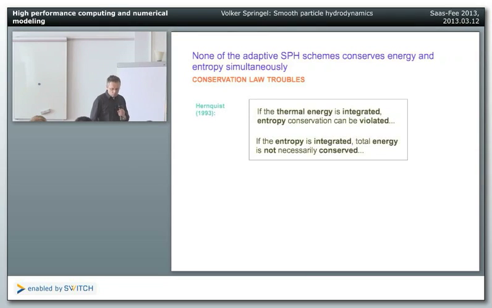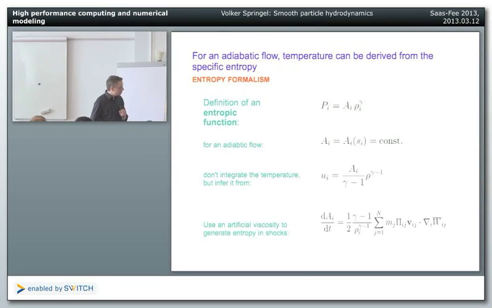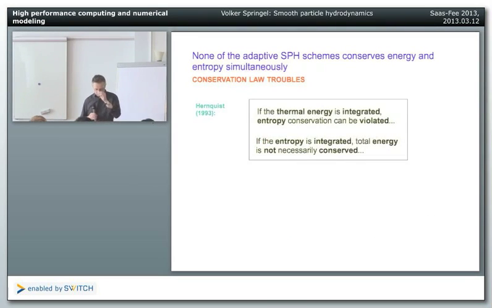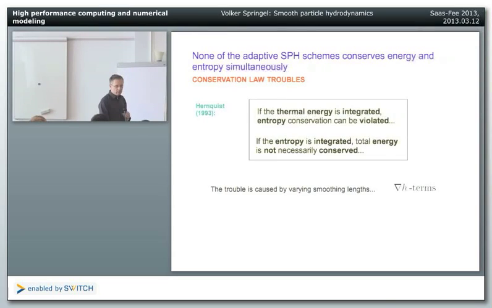If you pick instead the entropy and use this to write down SPH equations, the sort of canonical ones, then you find out that energy conservation is sometimes violated. And the question is, is this generic, or can you have conservation in both?